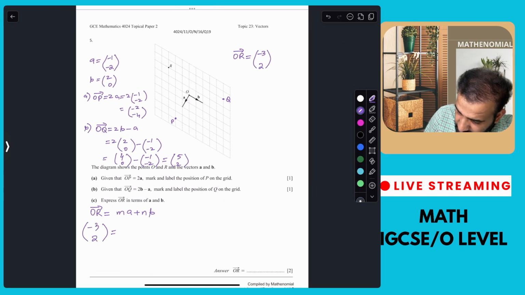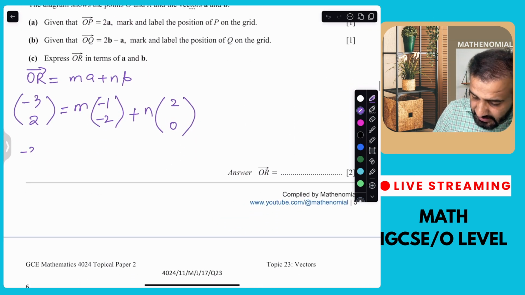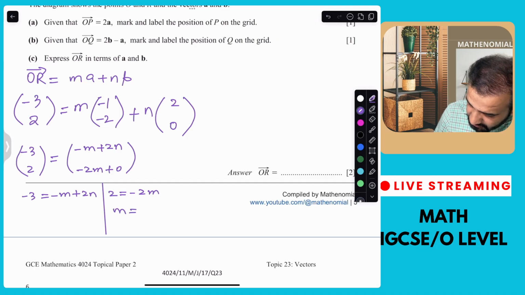Okay, so let's write it over here. (-3, 2) is equal to m times A, A था (-1, -2), plus n times B, B क्या था, (2, 0). Let's make equations, इक्वेशन बना लें. So (-3, 2) is equal to (-m plus 2n, -2m plus nothing). So it means -3 is equal to -m plus 2n, and 2 is equal to -2m. So m is equal to -1. And -3 is equal to -(-1) plus 2n.